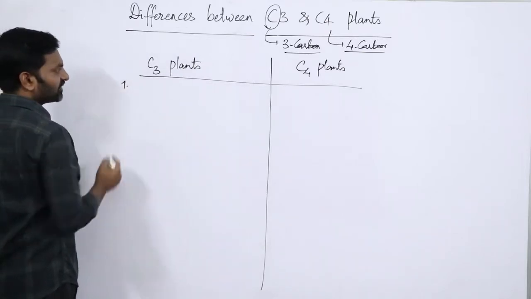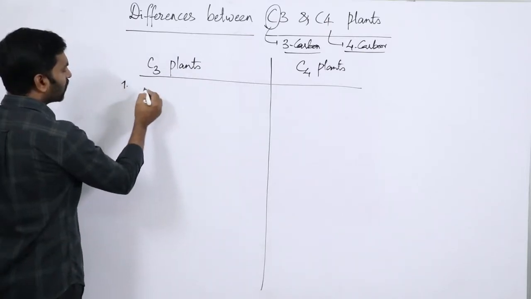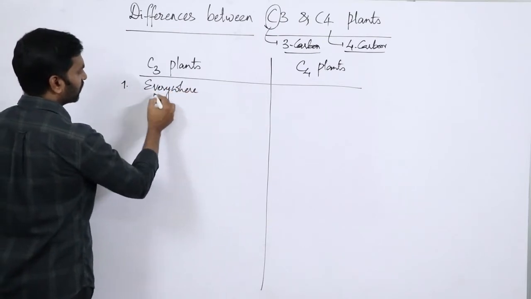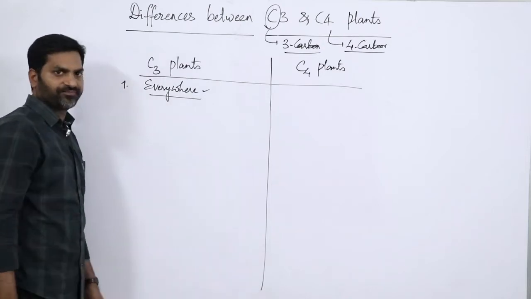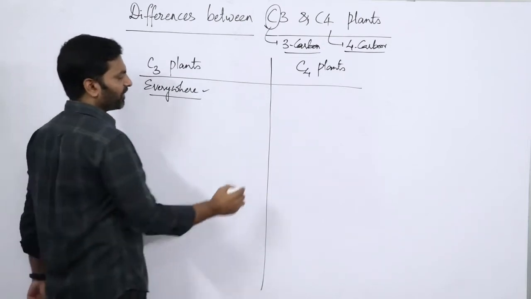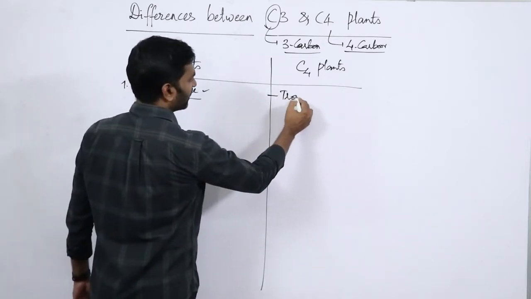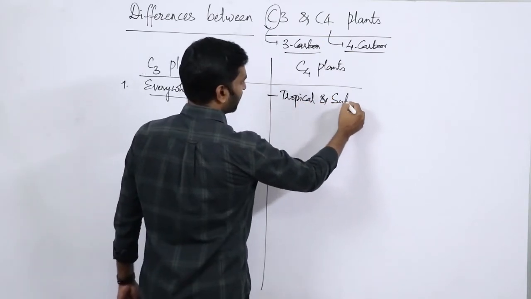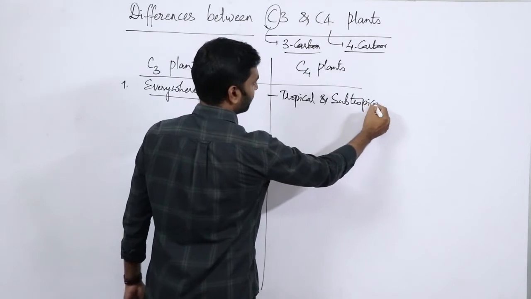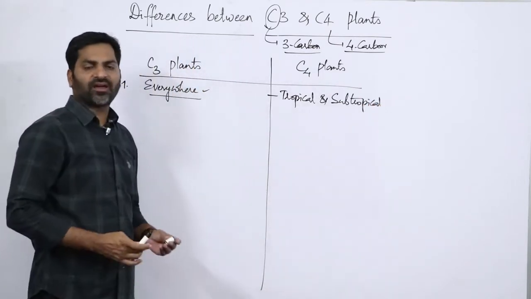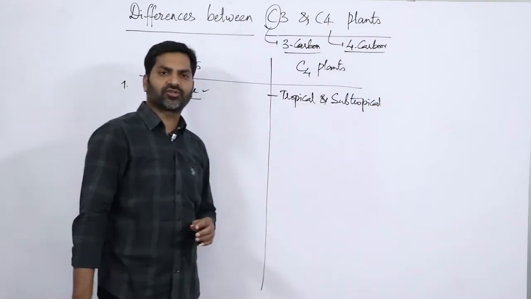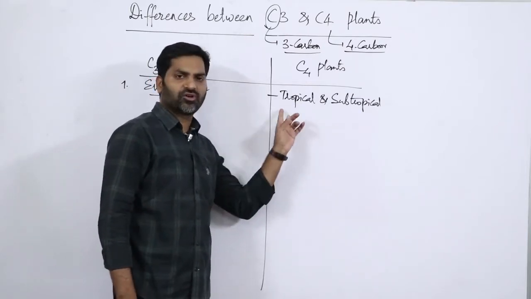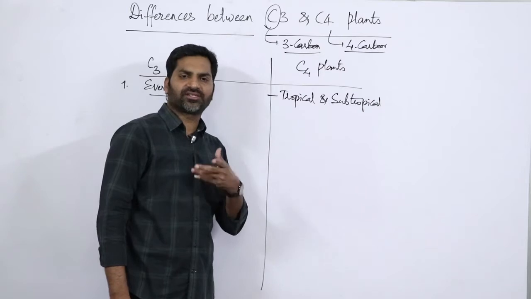So these C3 plants are grown everywhere in the world, whereas C4 plants are basically tropical and subtropical plants. I have told you in the previous sessions what tropical and subtropical are. Tropical is nothing but high temperature areas.